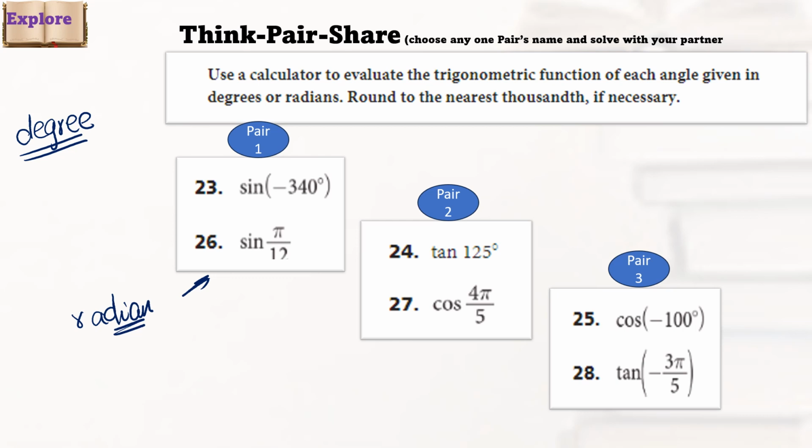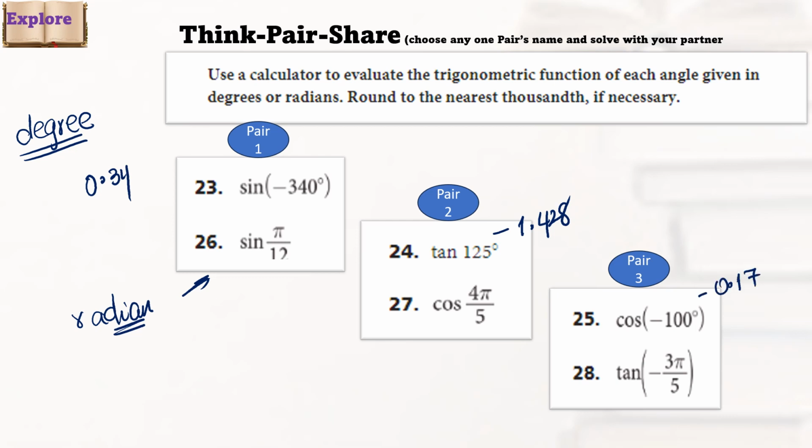My answer in degree mode is 0.34. Then tangent 125 degrees. My answer is negative 1.428. Then I will write here cos negative 100 degrees, so I will get negative 0.17.